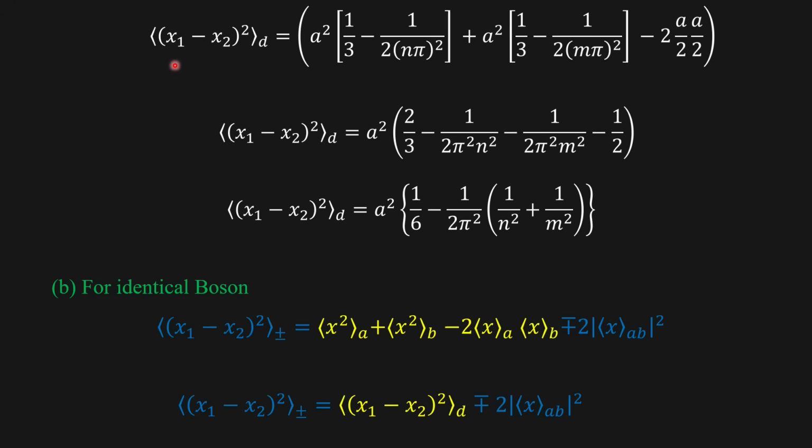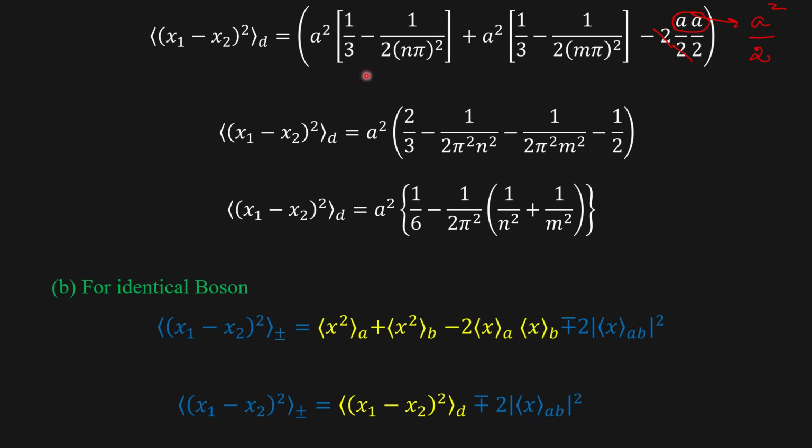We have seen that the square of the expectation value of (x1 minus x2) is equal to a squared times this expression. Take the last term: in the numerator you have a squared, and in the denominator the twos get cancelled, so you get a squared over 2. Now we have a squared in all the terms, so you take a squared outside.